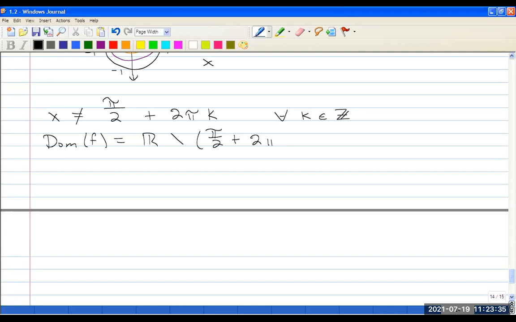So let me give you a left coset notation. If I have some number A plus a set B, this is just the set A plus b, where b is in the set capital B. This is called a left coset.